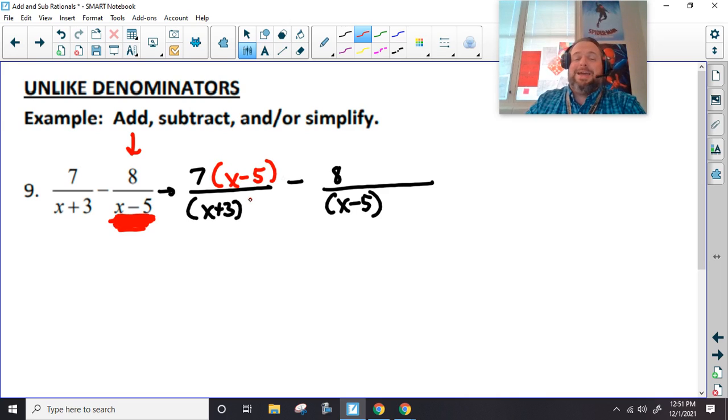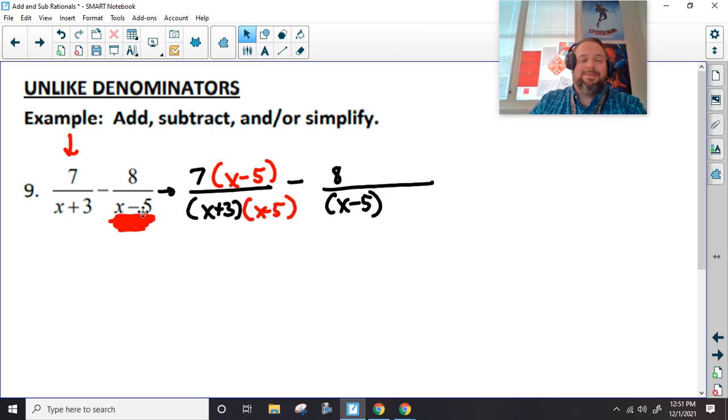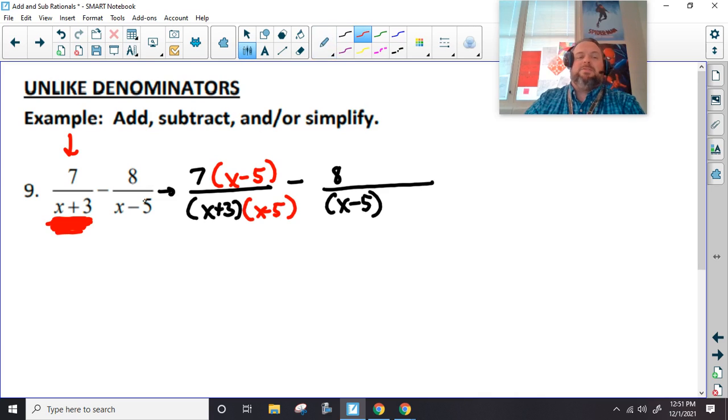It is missing an x minus 5, so we have to multiply top and bottom. Now, conversely, what does this side have that the other side doesn't? It's the x plus 3.